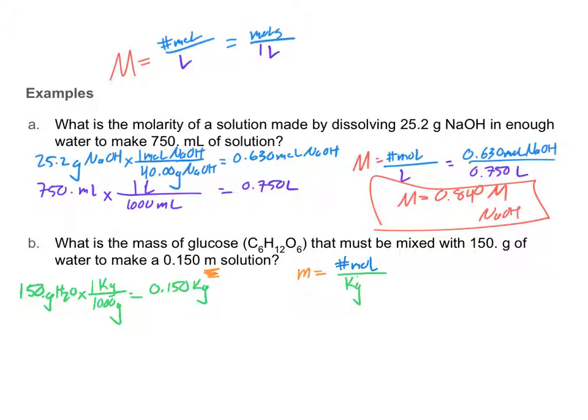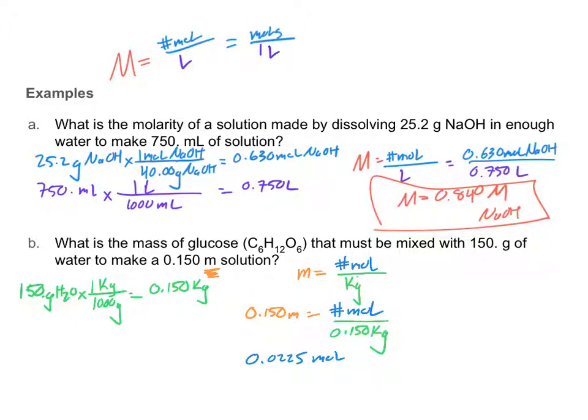So when I go ahead and plug in what I know, 0.150 molal will equal number of moles over 0.150 kilograms. So in this case, I'm going to take the 0.150 times 0.150, and that's going to give me 0.0225 moles.